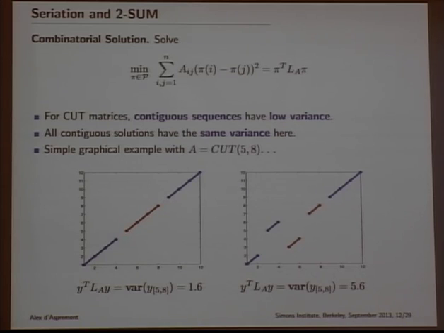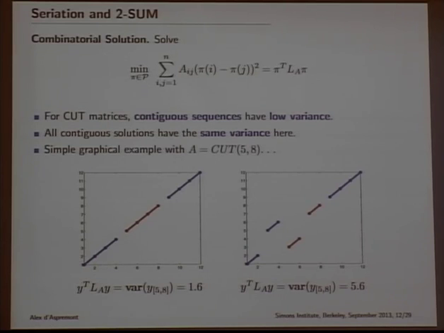In particular, this means that the variables are correctly reordered. They're in sequence, and this is what you want. As soon as the variables are not in sequence, so there's a gap here, the variance increases. So at least we know by this hand-waving argument that on cut matrices, the two-sum problem actually solves the seriation problem. We seriate the variables inside the block corresponding to the cut matrix, okay?